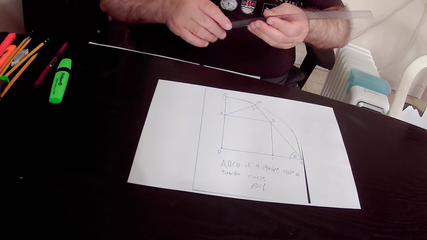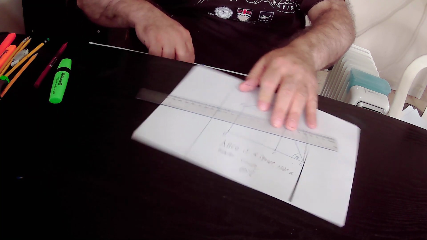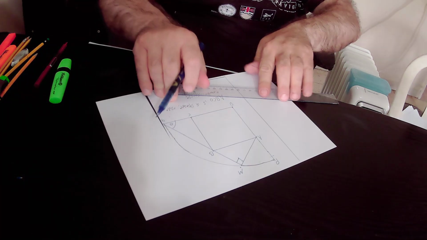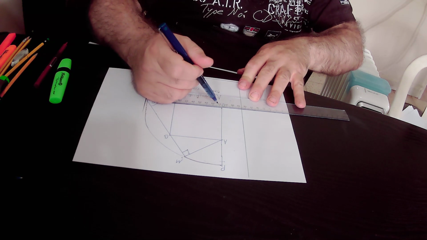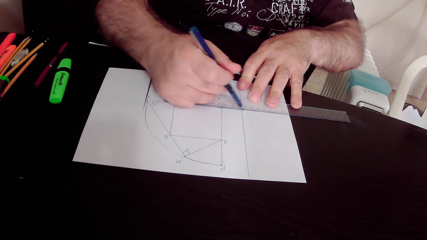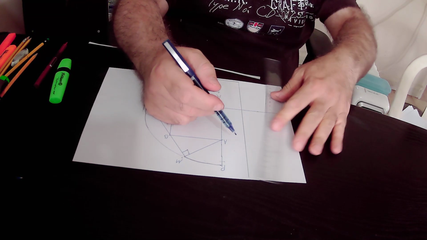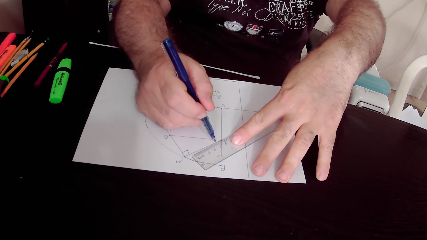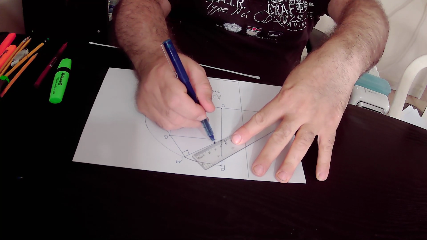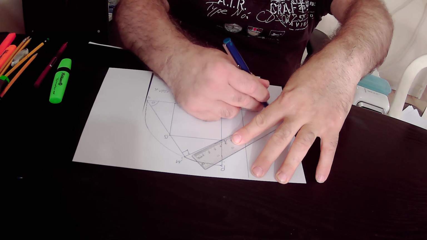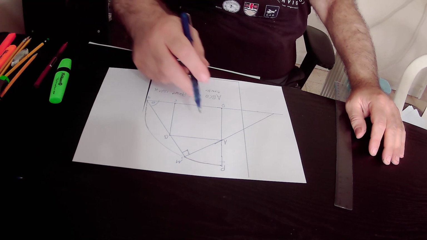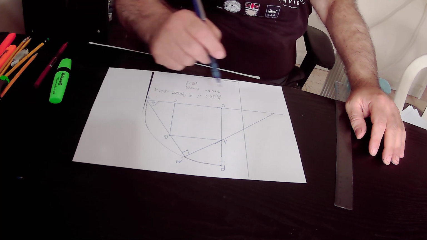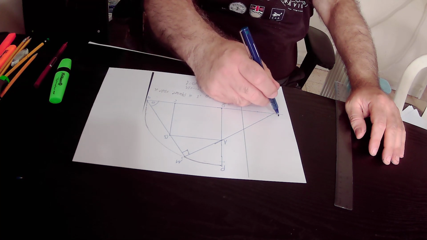Okay? And we'll define the intersection point of the extended MA and the extended QO as point N.